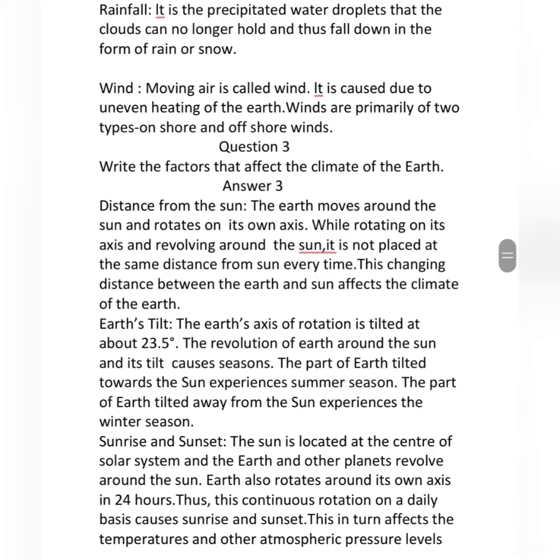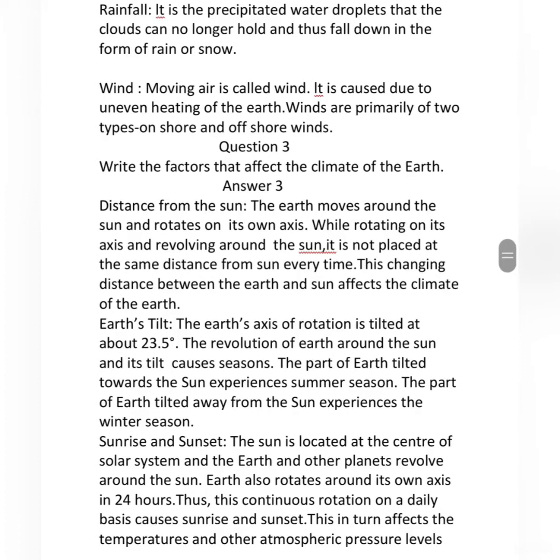Earth's tilt. The earth's axis of rotation is tilted about 23.5 degrees. The revolution of the earth around the sun and its tilt causes change in seasons. The part of the earth tilted towards the sun experiences summer season and the part of the earth tilted away experiences winter season.